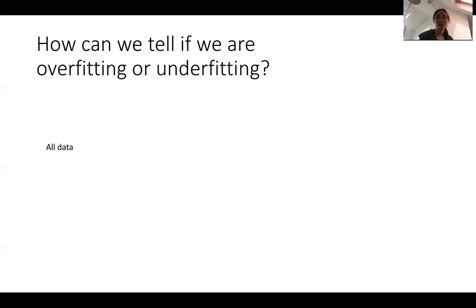Well, by this definition, we have to be able to test our model on data that was not used to build the model. So this is how we do it. We take all of our data and we split it into a training set and a testing set. We use the training set to build a model.